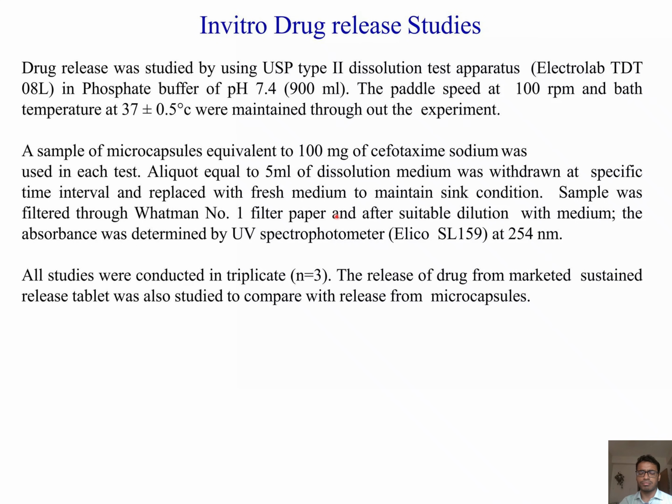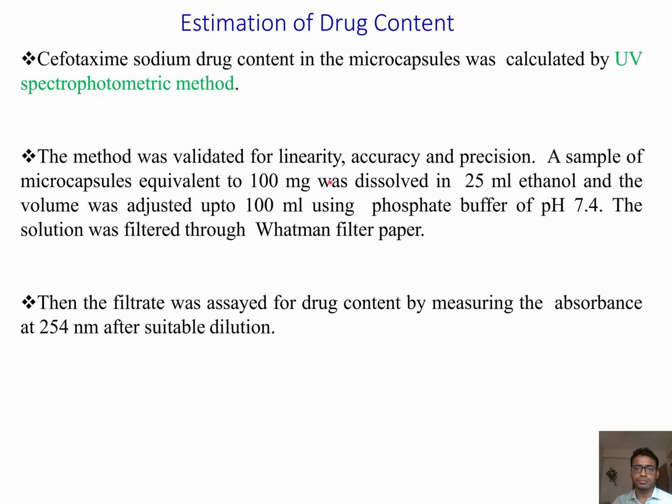Then take the sample and investigate it under a UV spectrometer. So these are the basic steps. For estimation of the drug content, meaning the potency or assay, you can do that by a UV spectroscopic method. Just prepare a sample and measure it at 254 nanometers in a UV spectrophotometer.